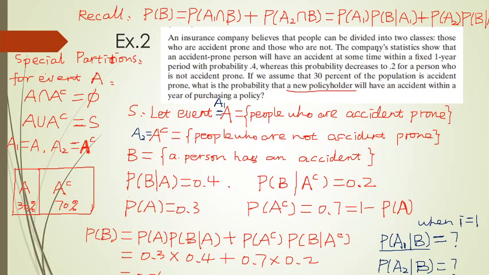Make a decision. If a customer is coming and wants to buy the policy for 1 year, and they can classify this customer as accident prone, they will charge higher than for a customer who is not accident prone. This is a very interesting topic, and from Bayes law and the total probability theory, we are going to understand why we need to study those probabilities in the real situation.